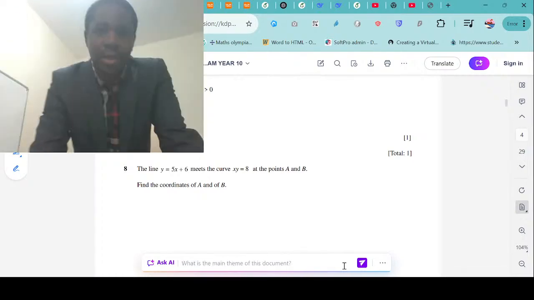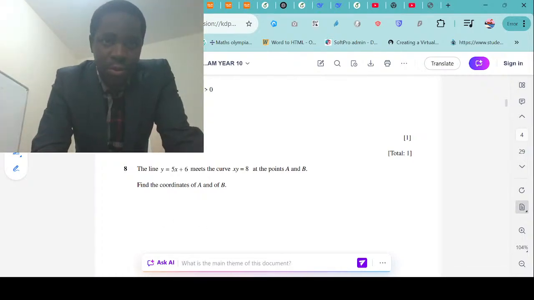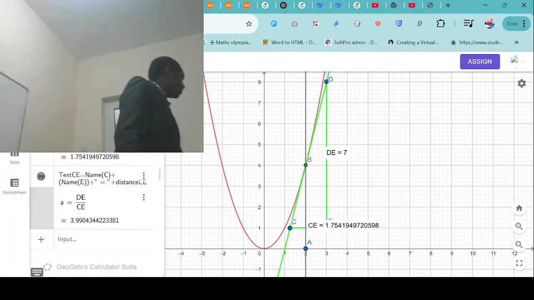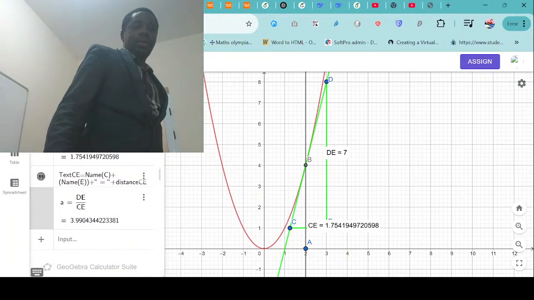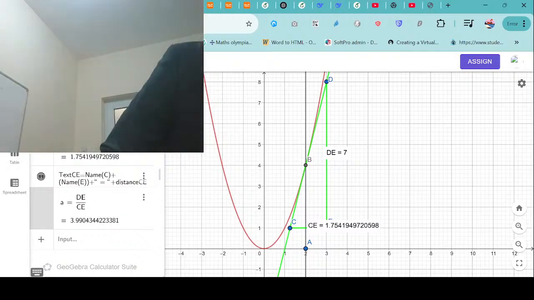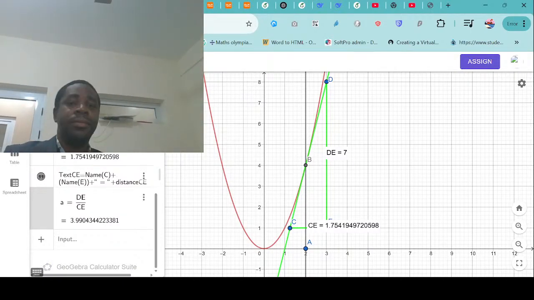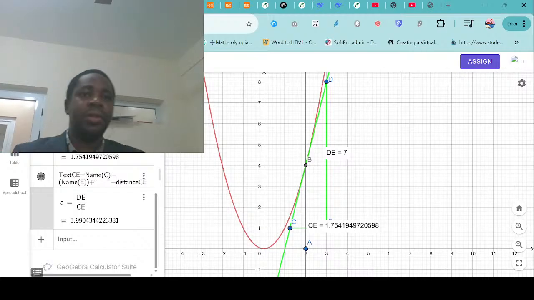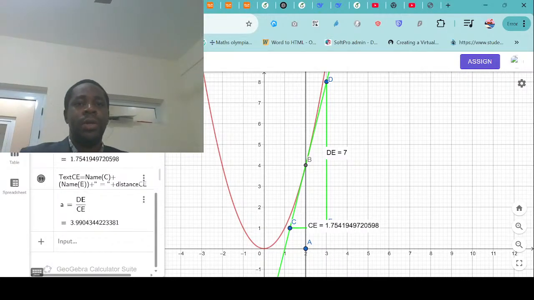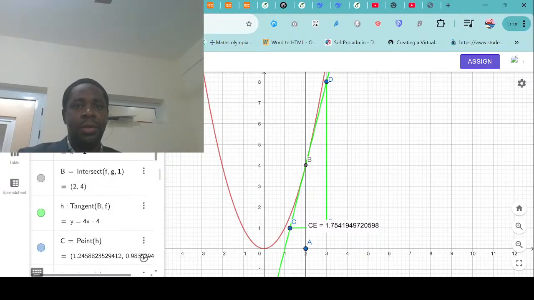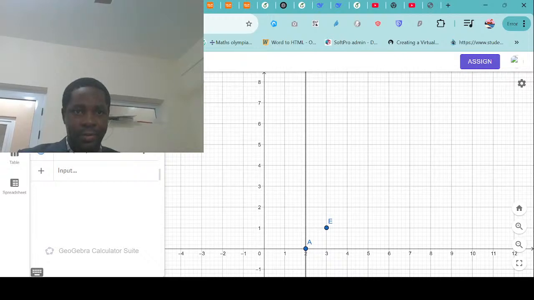So meanwhile, here is my GeoGebra. I'm just going to show you from this view. You go to your graphics. You know how to use it, right? I want to get rid of what we have here already.